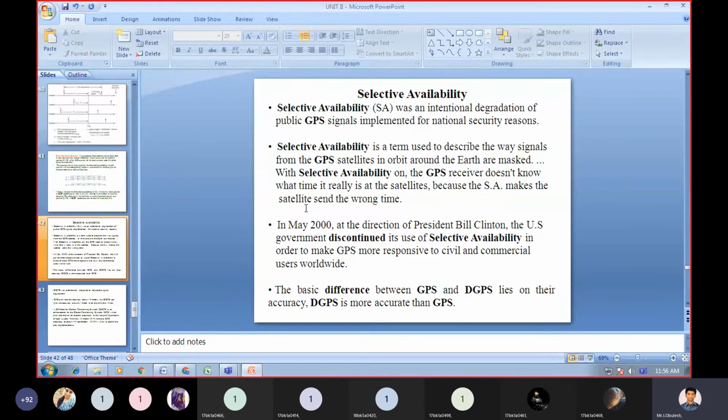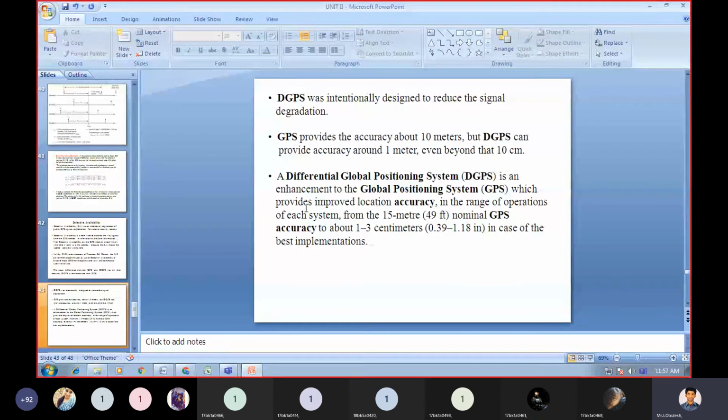The basic difference between GPS and differential global positioning system lies in their accuracy, and DGPS is more accurate than GPS. The differential global positioning system was designed to reduce the signal degradation. GPS provides an accuracy of about 10 meters, but DGPS can provide accuracy around 1 meter, even beyond that, 10 centimeters.